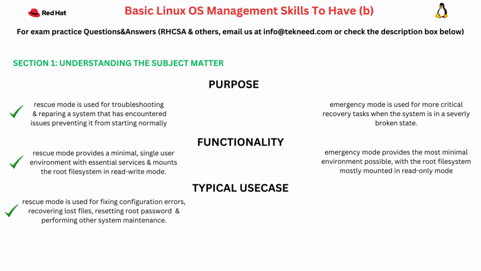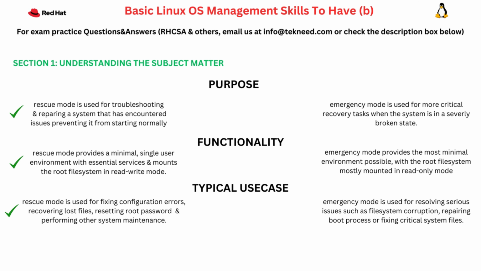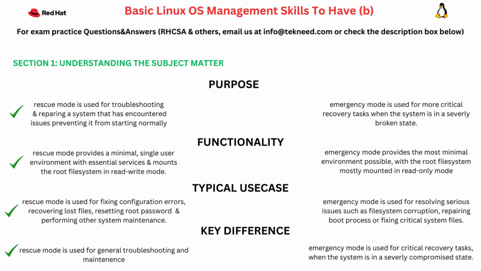And emergency mode can be used to resolve serious issues such as file system corruption, repairing the boot process, or fixing critical system files. So really the key difference and the summary between those modes is that rescue mode is used for general troubleshooting and maintenance, and emergency mode is used for critical recovery tasks when the system is in a severely compromised state.